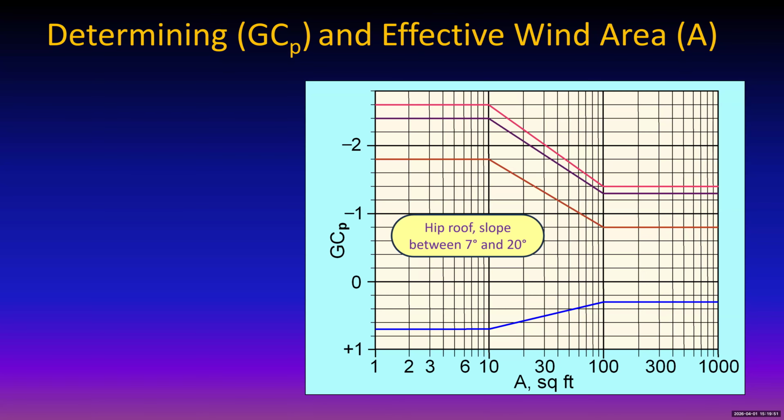So the bigger the module, or the bigger the array, the less the pressure coefficient. And this depends on how far the modules are spaced away from each other. A lot of designers just use a conservative approach on this one and use the area of the module itself.